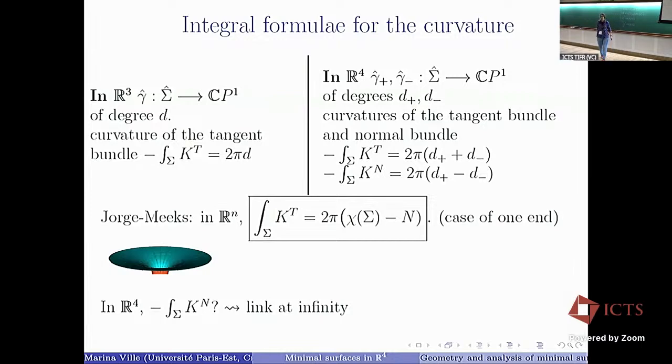And the proof is very simple. You take your surface into a large enough ball, and you write Gauss-Bonnet. The curvature will be more or less concentrated inside the big ball, so this will be the curvature inside the big ball.